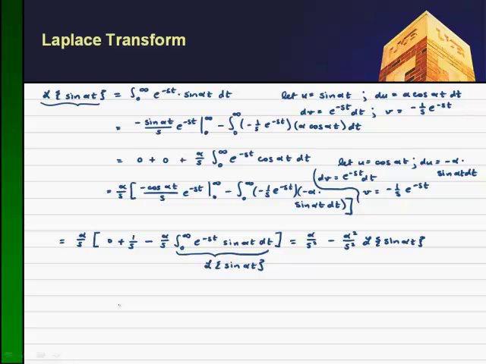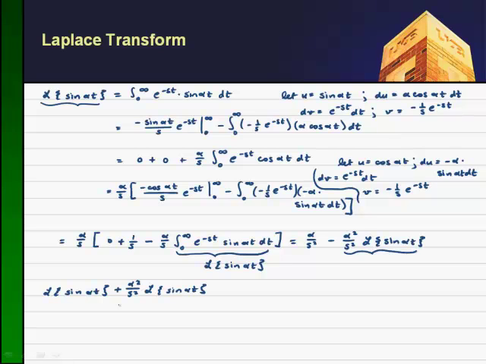And so now I'll transpose, or bring this entire term to the left-hand side. Remember, we still have this Laplace transform of the sine of alpha t sitting on the left-hand side. I have a plus alpha squared over s squared times the Laplace transform of the sine of alpha t.